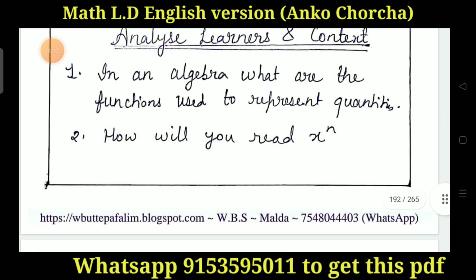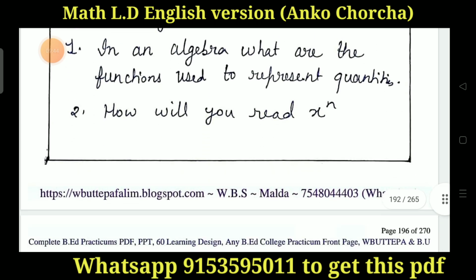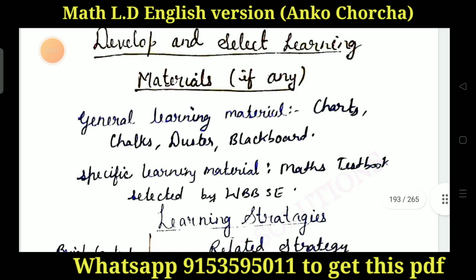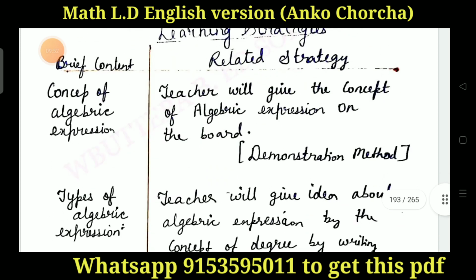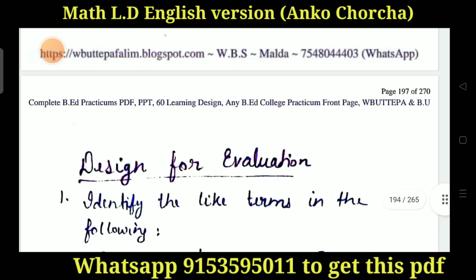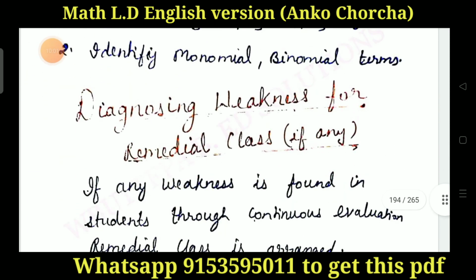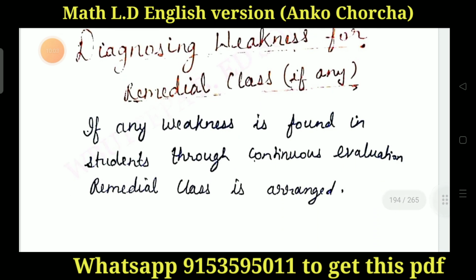Analyze learner and context. Develop and select learning materials, if any: there are two types, general or specific. Learning strategies are two parts: brief content and related strategy. Design for evaluation. Diagnosing weakness for remedial classes, if any.